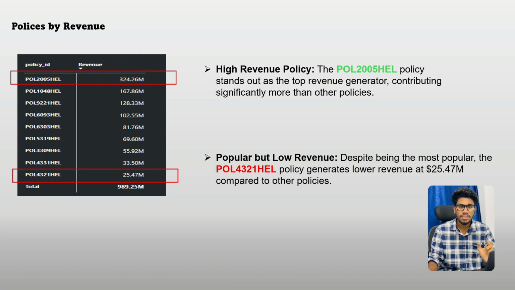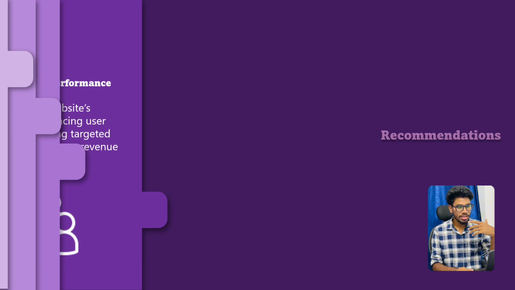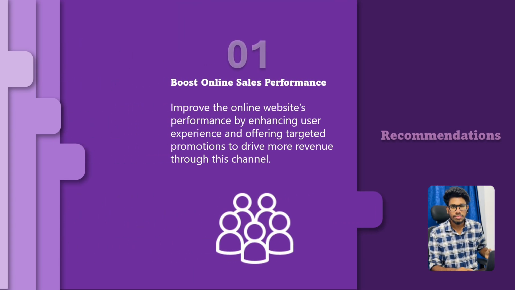Okay, these are my insights. Now let's go to recommendations for the company that will help a lot in future decisions. The first recommendation from my side is that they need to boost online sales performance. Like I already said, the online website channel is not performing well and is generating very little revenue.